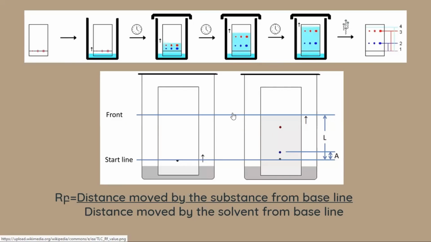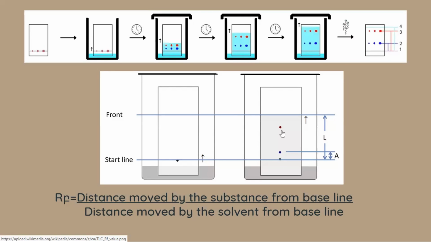The RF factor, or the retention factor, is basically the comparison of the extent to which a particular substance has moved up the plate compared to the solvent. So here we have two substances.